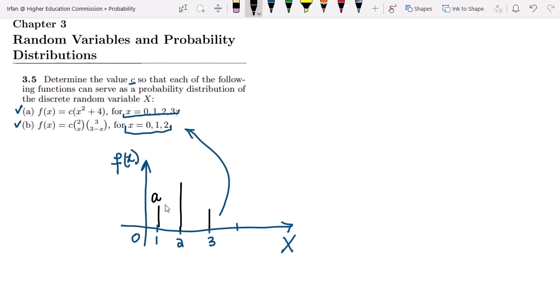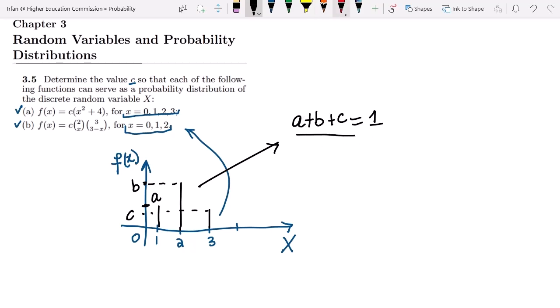If this is A, the value of A is here, this is B, and its value here is C. You must keep in mind that the summation of A plus B plus C will give me 1. Why?